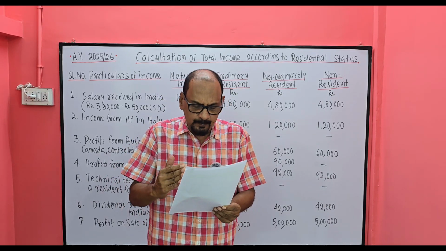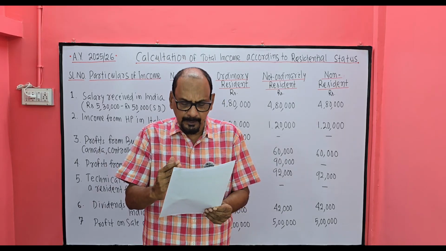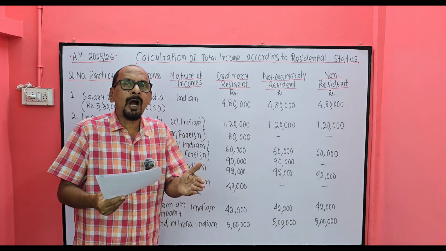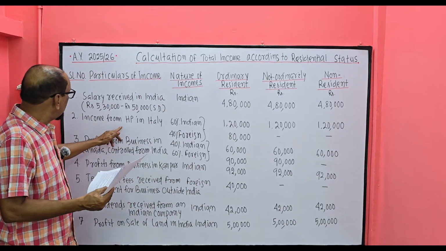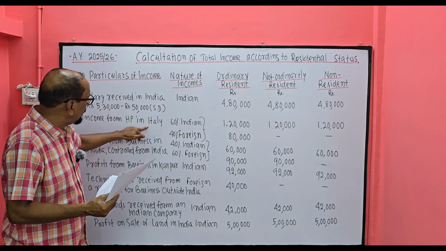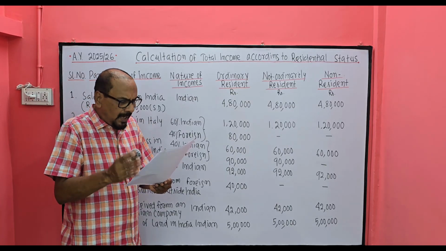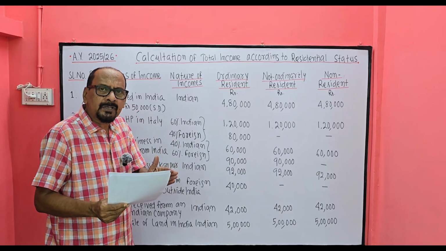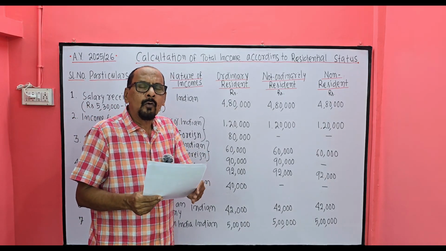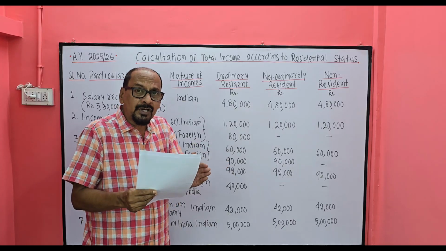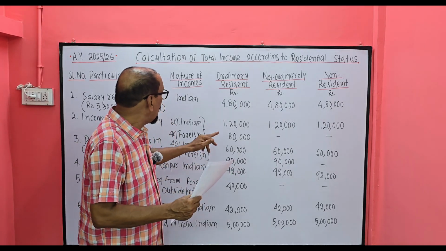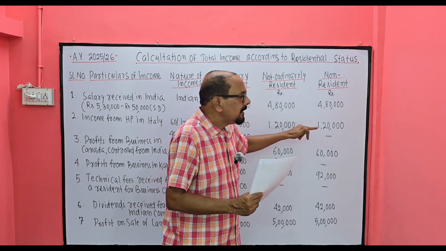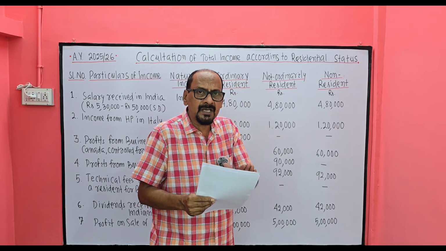Let us see how it is treated. 60% of the house property income will be treated as Indian income, so 1,20,000 is taxable in all three cases.